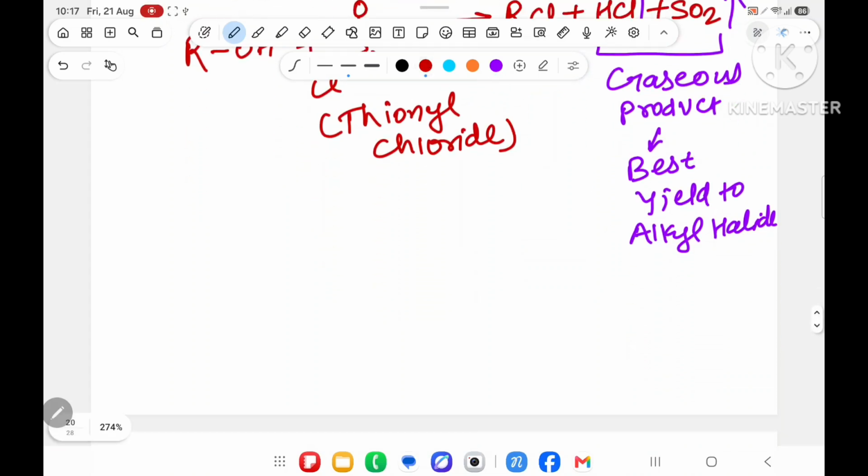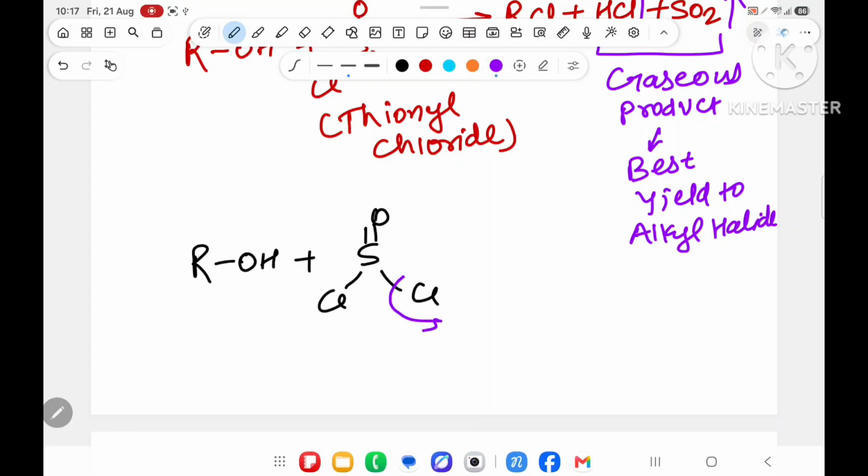What is happening inside it? See it very properly. ROH is there plus S double bond O, Cl and Cl. What happened? This Cl is going outside and the oxygen lone pair is attacking here.